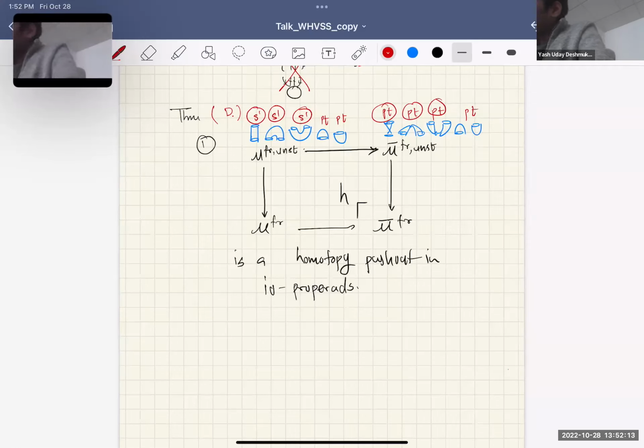Let me point out that it's not just the data of trivialization of this annulus, as it was in the proposal by Kontsevich. We are also including the data of these trivializations. And the fact that these trivializations are contained inside a properad is essentially saying that the trivializations are compatible with each other, in the sense that they satisfy some snake relation. Okay.